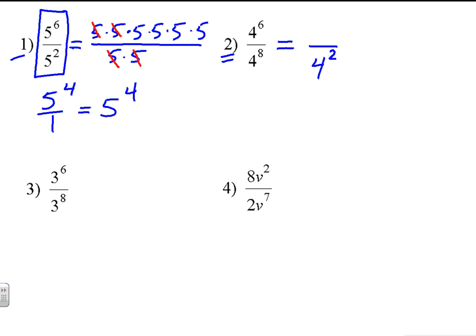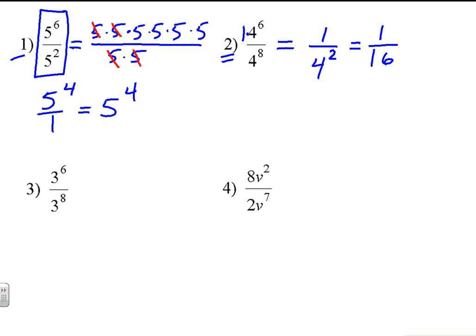So 6 4s from the bottom went up, canceled 6 4s from the top, and left the sneaky hidden 1 that I refer to quite a bit. So we end up with either 1 over 4 to the 2nd or maybe 1/16. Depends on what we're looking for at that time, but probably we'll move to a place where we're just calling that 1/16.